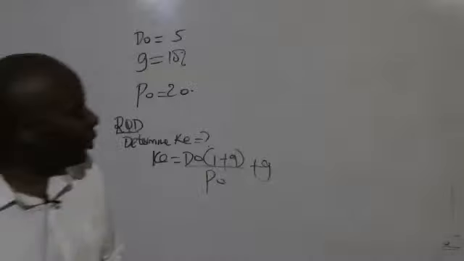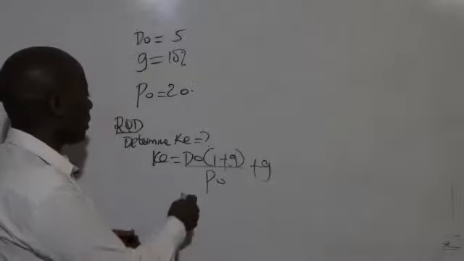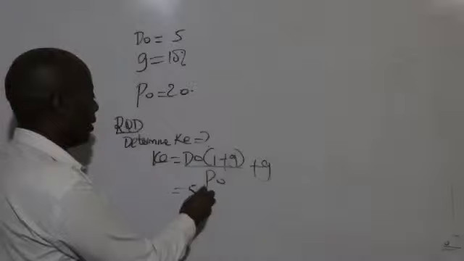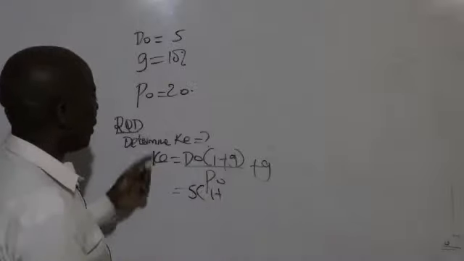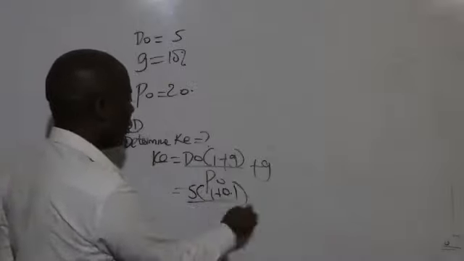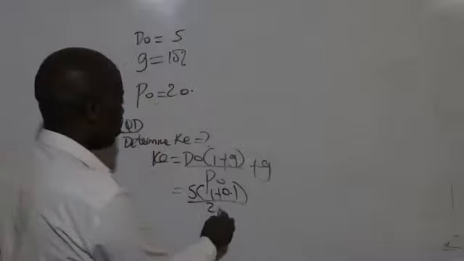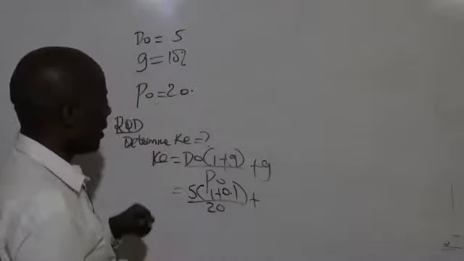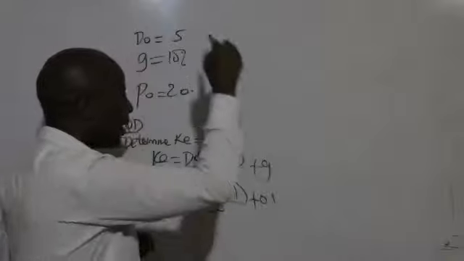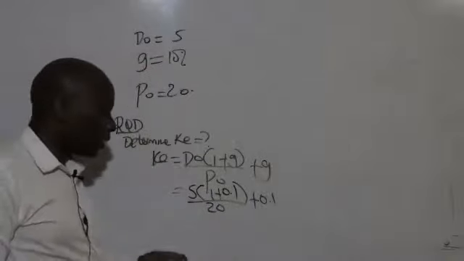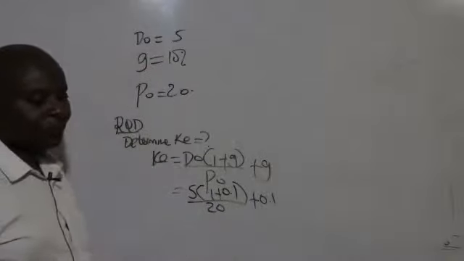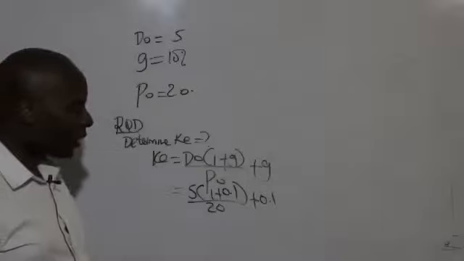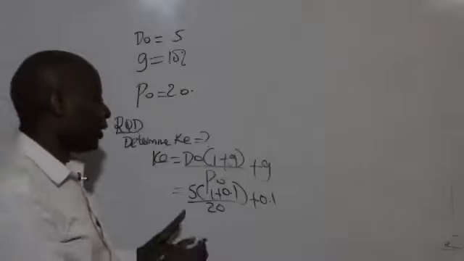So my D0 here is 5 into 1 plus g, 0.1, all over P0, which is 20, plus g which is 0.1. So could you kindly give me an answer? That's 7.5. Thank you very much.